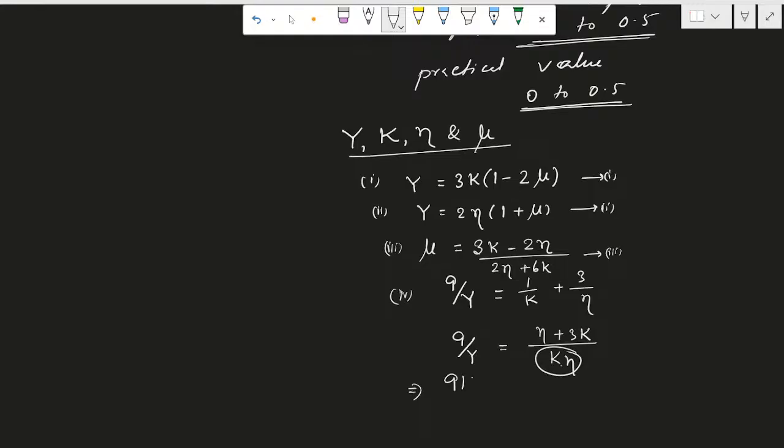So 9 into K into eta divided by eta plus 3K is equal to Y. This is also another relation. These are all important relations for all these Poisson ratios and all these things.